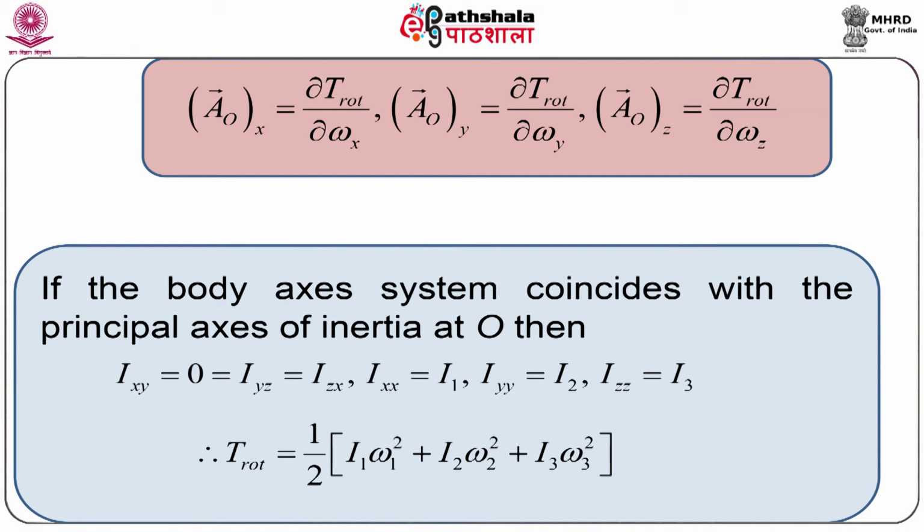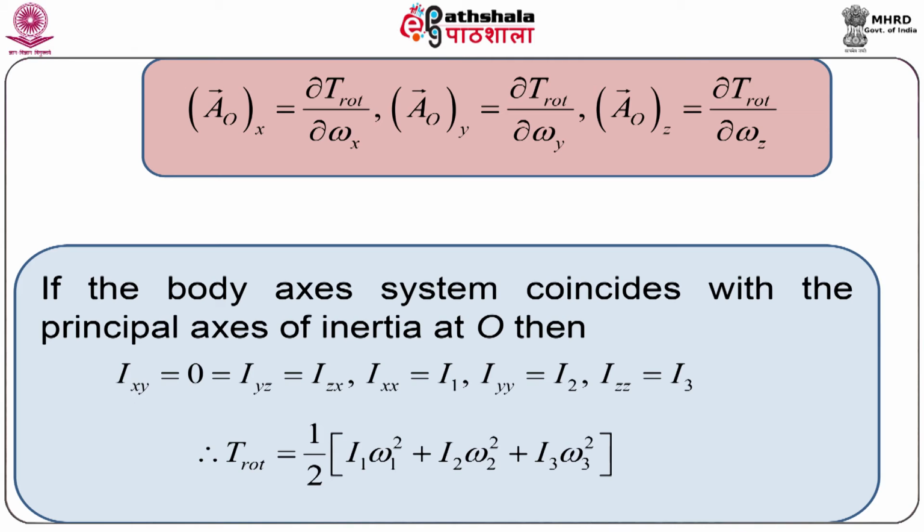We have already obtained the expression for rotational kinetic energy, that is T dot. Let us take the partial derivative of rotational kinetic energy at first with respect to the x component of angular velocity, that is omega x. Then we get the x component of angular momentum, which is AO vector suffix x, equal to del del omega x operated on rotational kinetic energy, that is T dot.